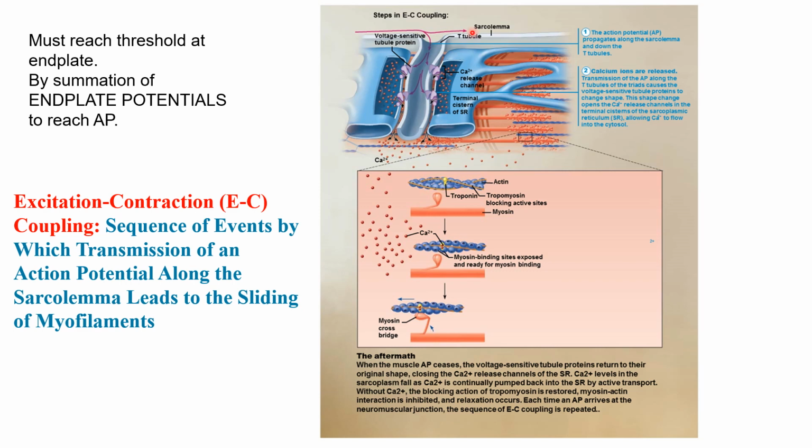And so that action potential spreads down through the T-tubules, triggering release of calcium from the sarcoplasmic reticulum. The sarcoplasmic reticulum is a calcium storage device first and foremost in skeletal muscle.